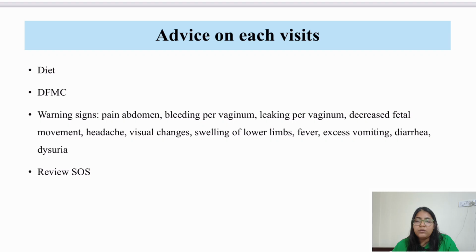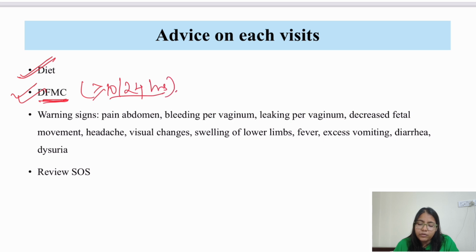And what advice do you give in each visit? Again, on diet, I have told you, if the patient is in the second or third trimester, you tell her to take an additional 350 kcal per day plus 1 gram per kg per day of protein. You tell her to do a daily fetal movement count, at least 10 or more than 10 in 24 hours.